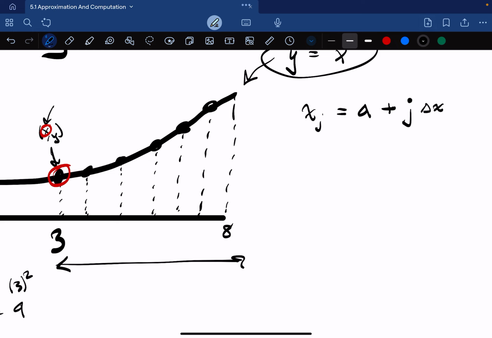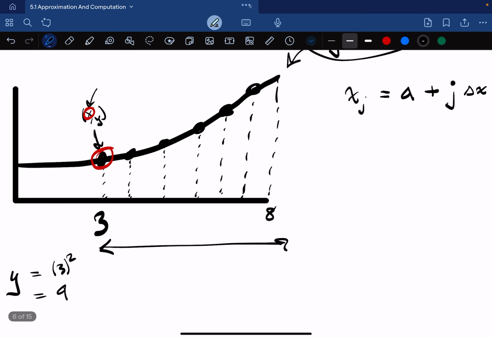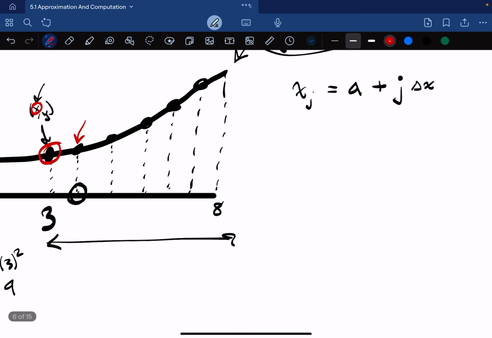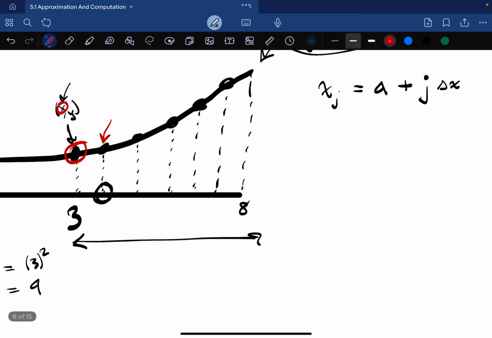But let's say I want to find the second one. How would I find this x value so that I could find this y value? Well, I would first need to remember which endpoint this is.